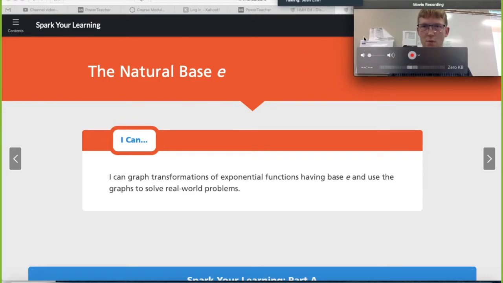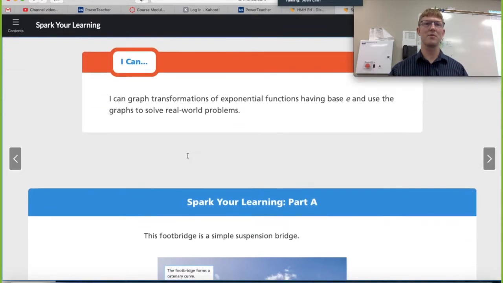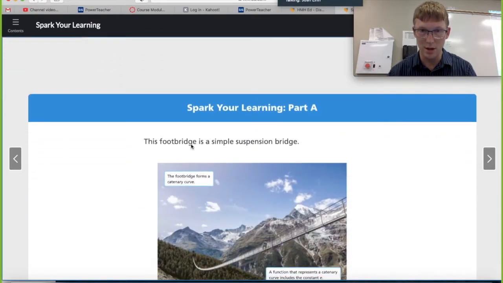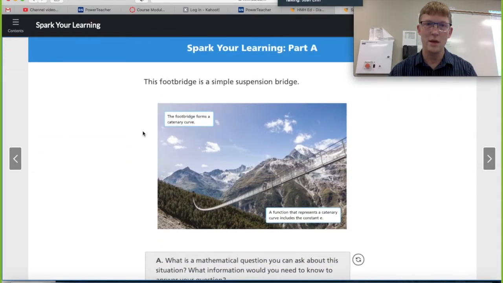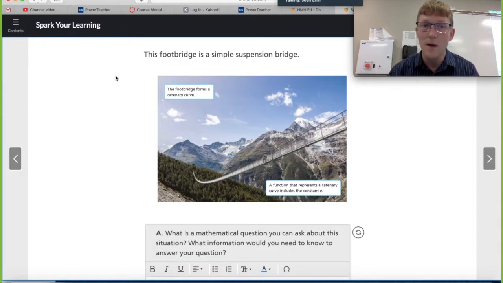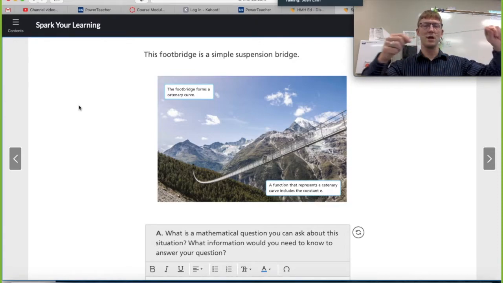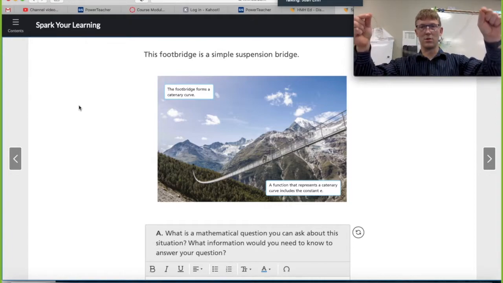So here we go. They have a real world problem here, and it's dealing with a footbridge that is a simple suspension bridge. Not a bridge that I would get on, but the footbridge forms a catenary curve. If you don't know, a catenary curve is the loop that a string makes if you hold it a little bit loose.